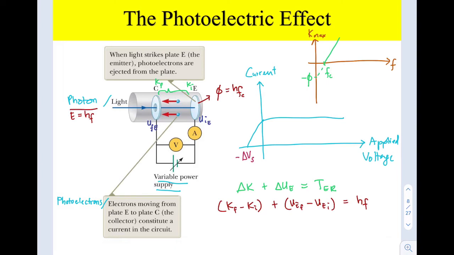So K final is K max, K initial is 0, plus U electric final is 0 minus the negative of the work function. Then you will have K max plus work function equivalent to hf.